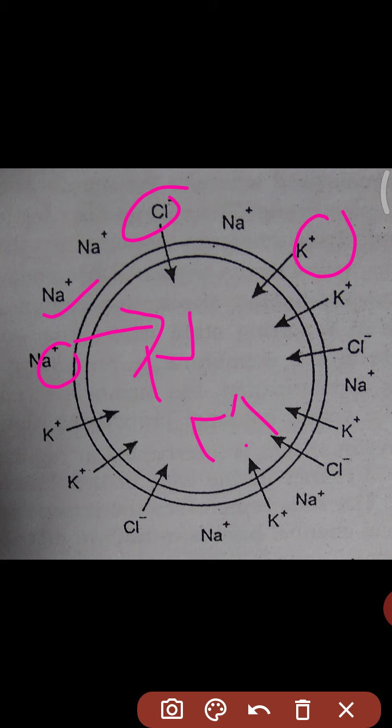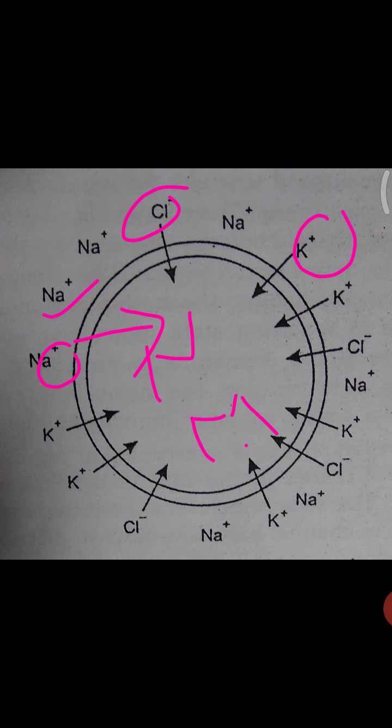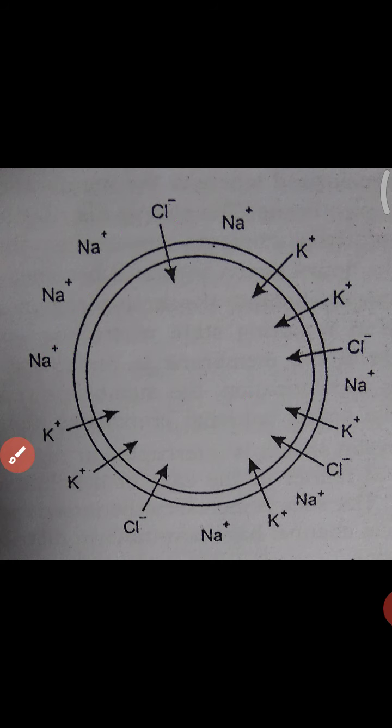What is the basic definition of the resting potential? Equilibrium is achieved with a potential difference across the membrane. The inside of the cell is negative and the outside is positive.